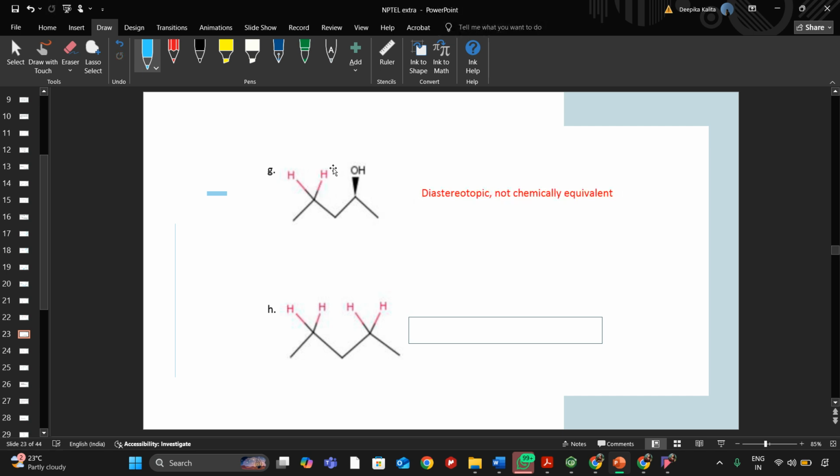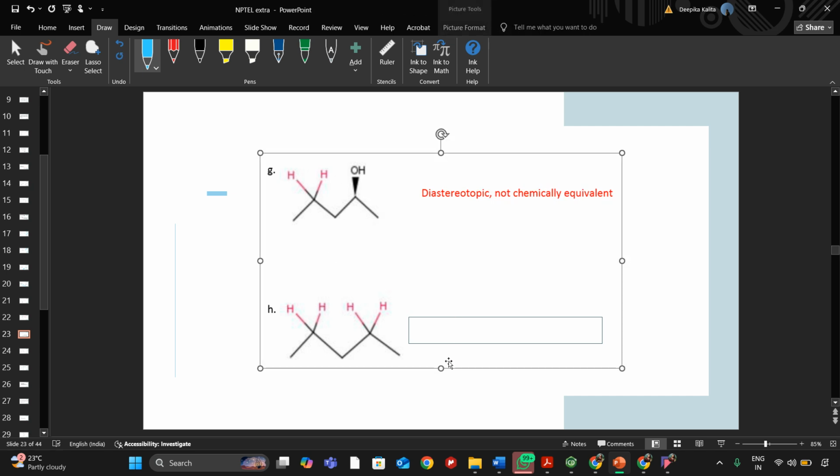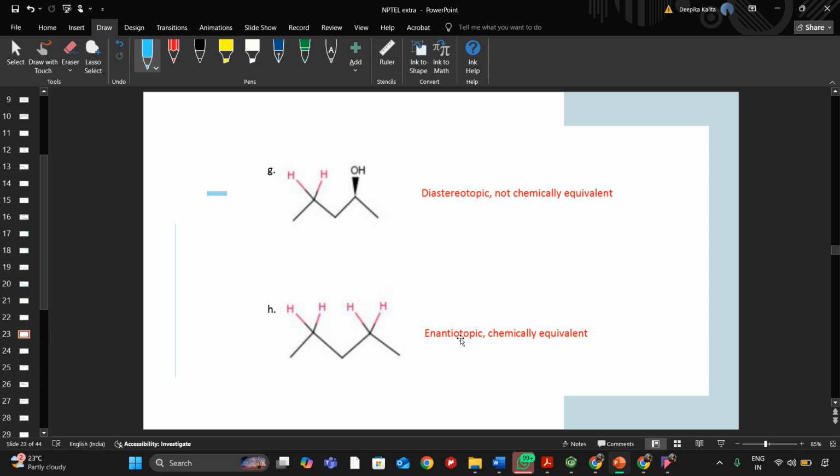Hence, the chemical environment experienced by these two will be different. For the next symmetrical molecule, the protons are chemically equivalent and they're enantiotopic.